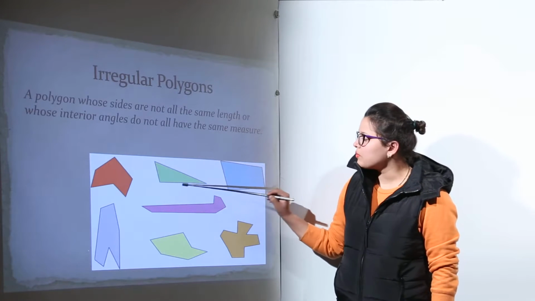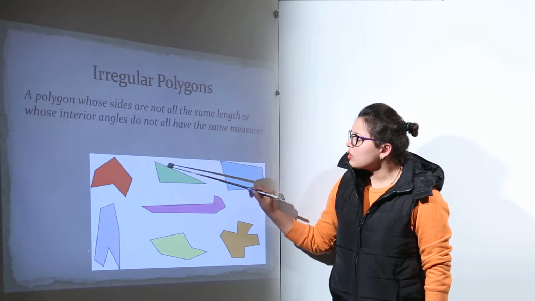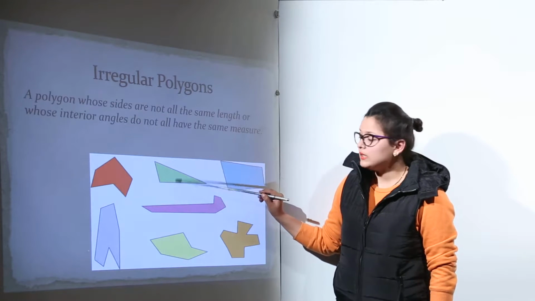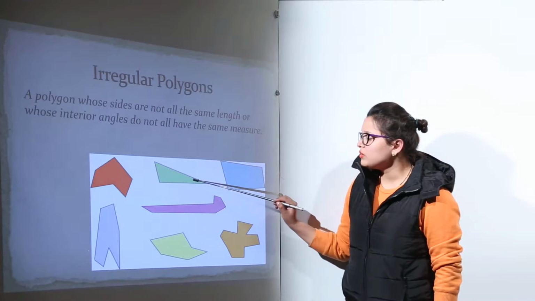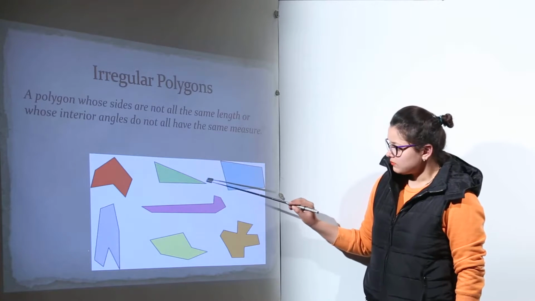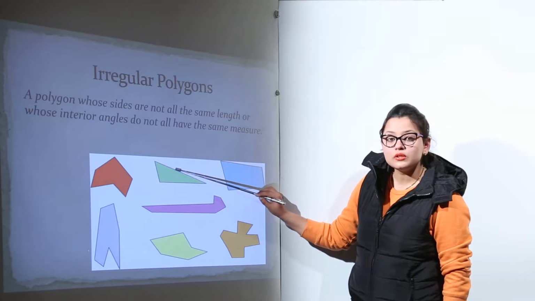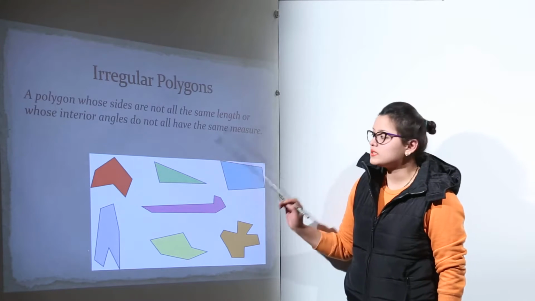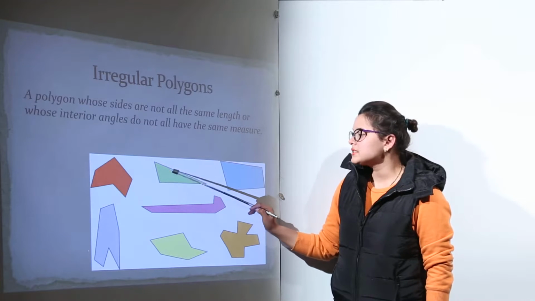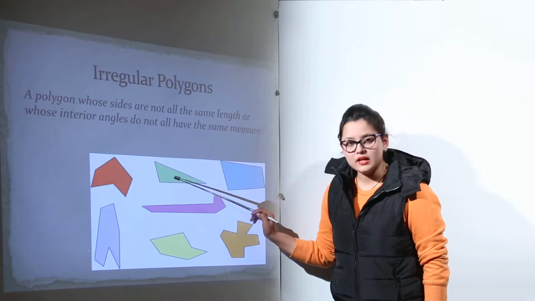In this three-sided polygon, we can check that all the sides are not equal. Neither are the angles going to be equal, right? So, this is not coming into the category of regular polygons. Why? Because neither its sides are equal nor its angles are equal.